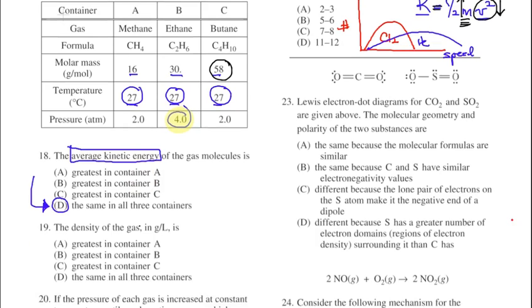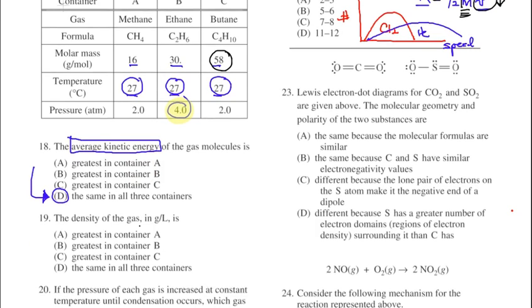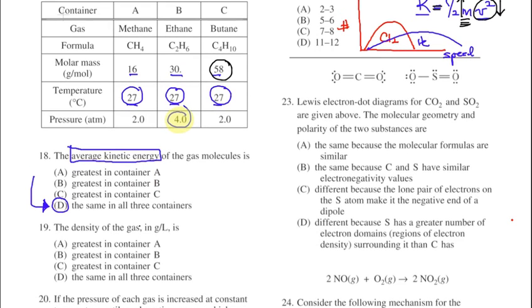In any case, number 19, the density of the gas is greatest where? They're asking for greatest. Well, density is mass over volume. And you notice we're at the same temperatures, and you notice there are different masses here.